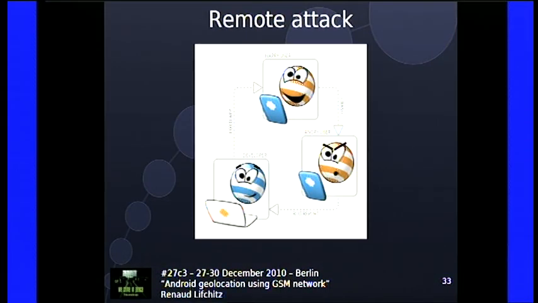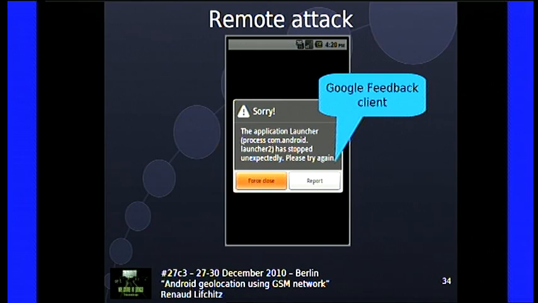This is the principle for reporting bugs. You have an angry user who finds a bug and reports it to the developer, and the developer fixes the app, and the user is happy. So this can be abused. Here is a voluntary crash in the application, for example, a null pointer exception.